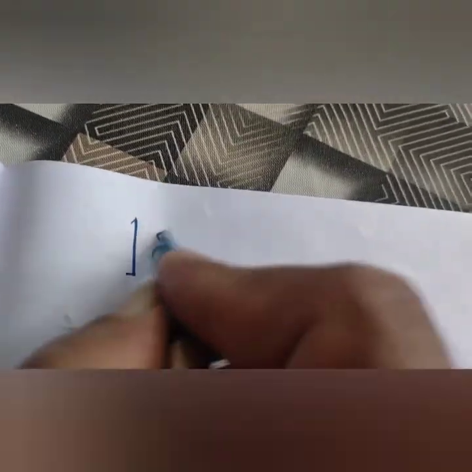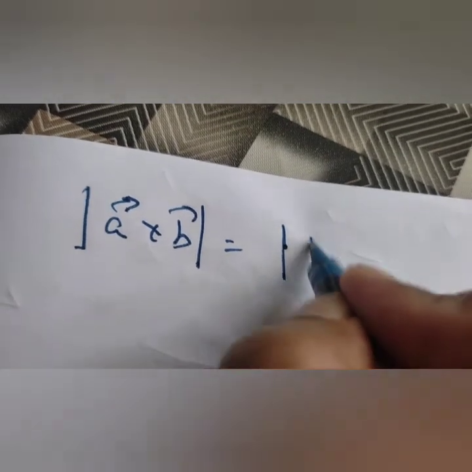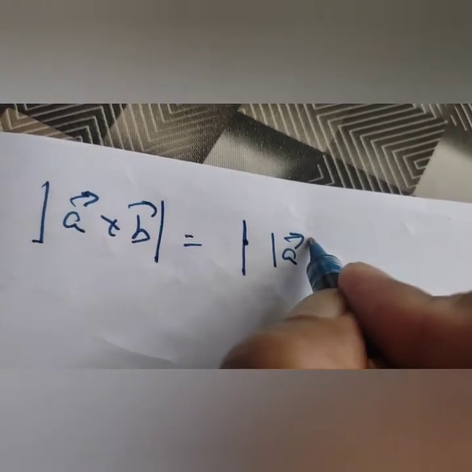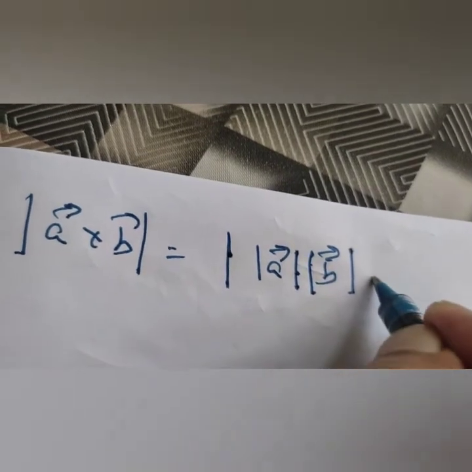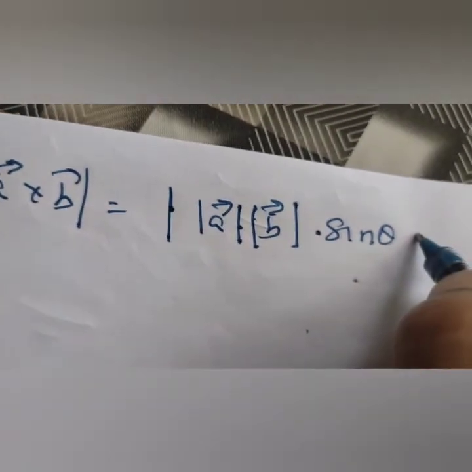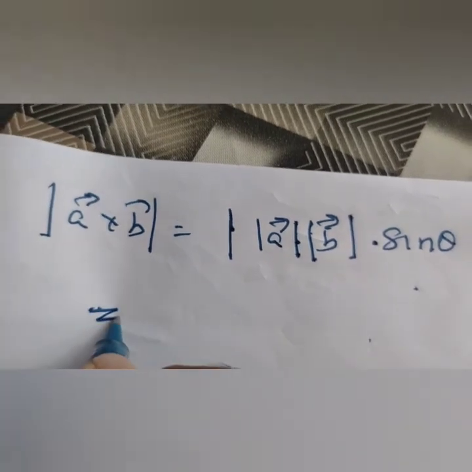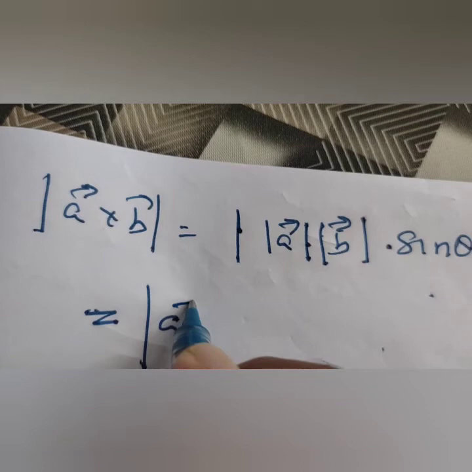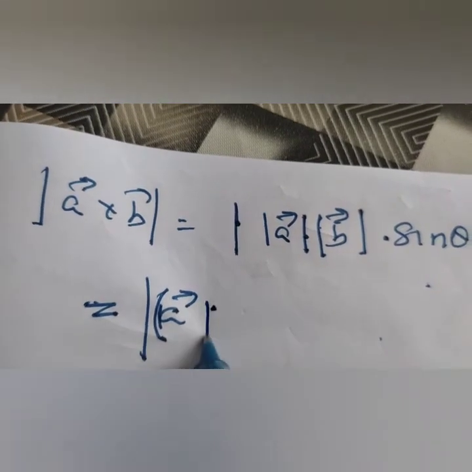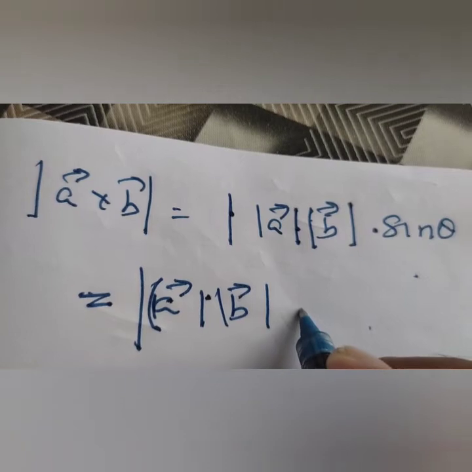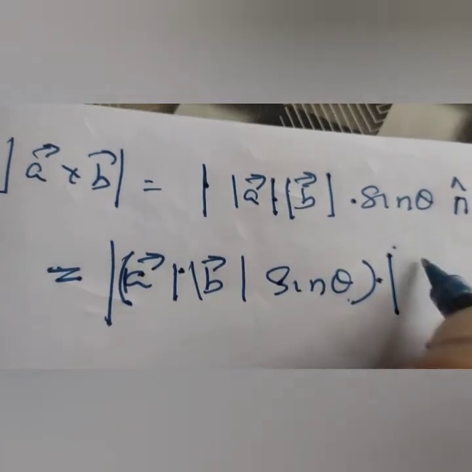Now we see the modulus of A cross B. It is the modulus of A into the modulus of B into sin theta into the modulus of n.